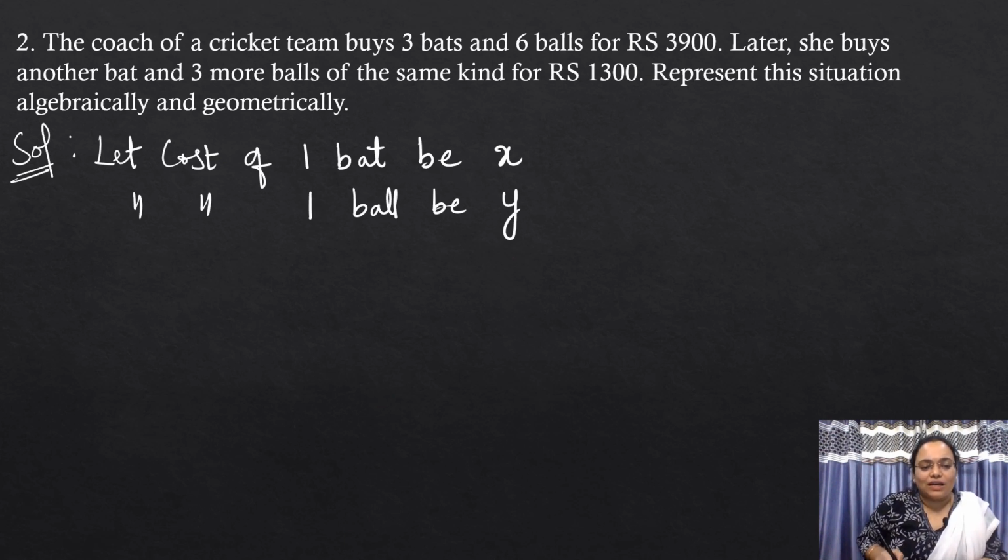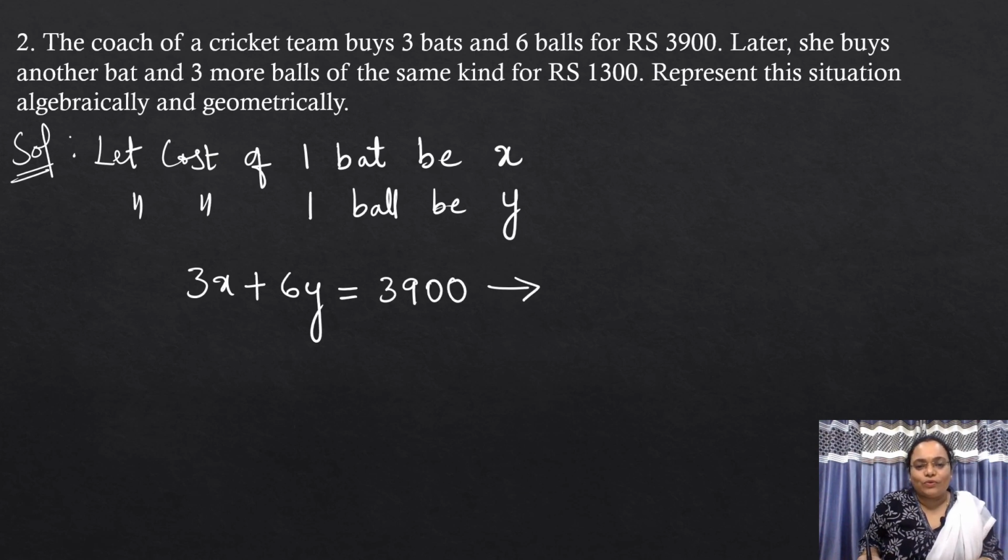So, the coach of a cricket team buys 3 bats, that is 3x, plus 6 balls, 6y, for the rupees 3,900. So, this is our equation number 1. Okay.